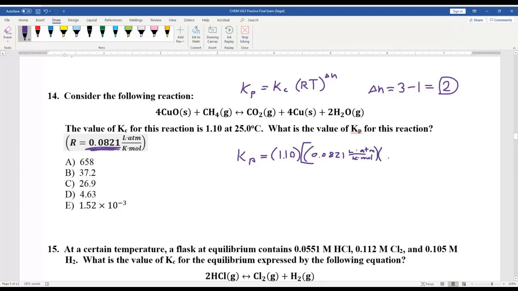The temperature is 25 degrees Celsius, but of course I have to use Kelvin, right? Whenever you are using temperature in chemistry, you must use Kelvin all the time. Never use Celsius, unless it's a change in Celsius. Change in Celsius and change in Kelvin are the same, so it doesn't matter if it's a change.